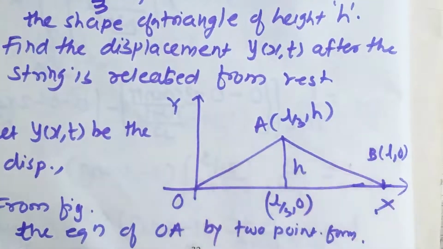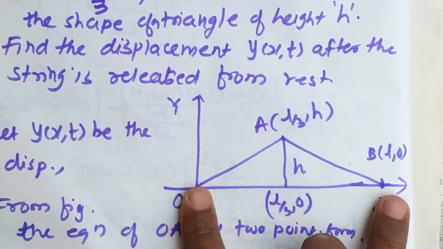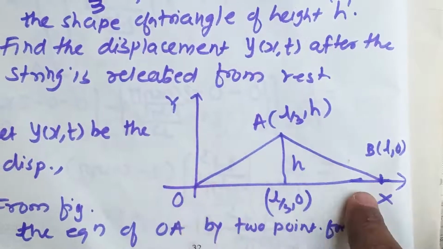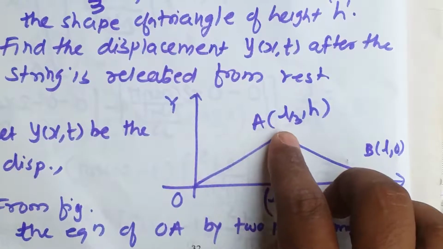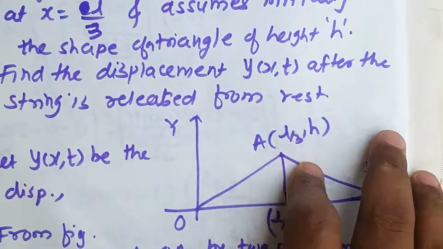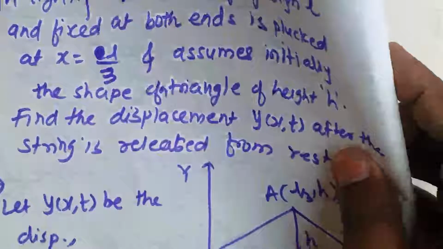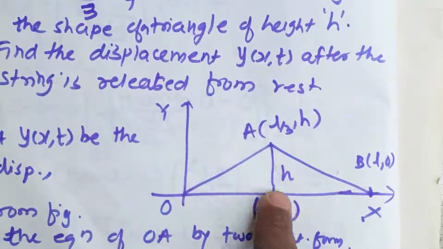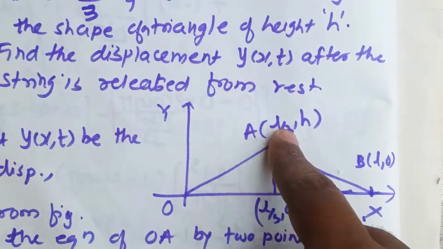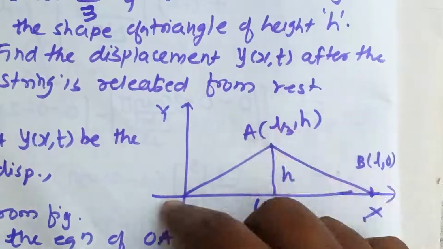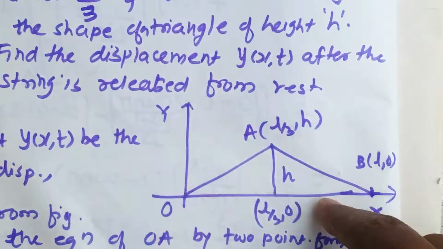Now this is the situation that they have given. The string is fixed at two ends. It is of length L, okay, and it is plucked at the point x equal to L by 3 to height h. So height h and x equal to L by 3 is this point. At this point it is stretched to a height h and it takes a triangular shape. This is the string, right?